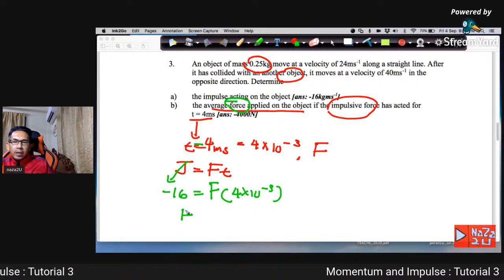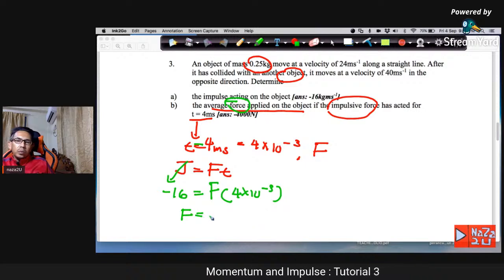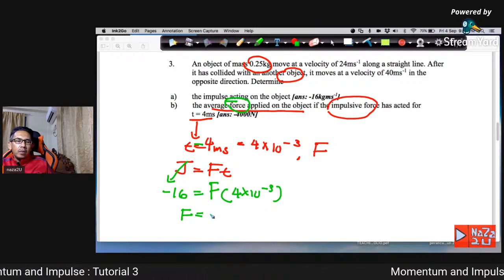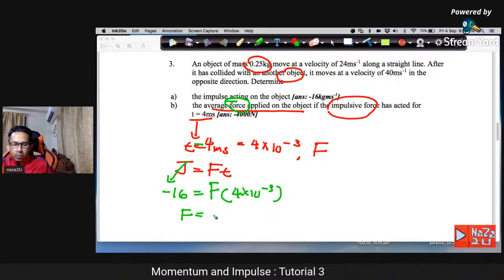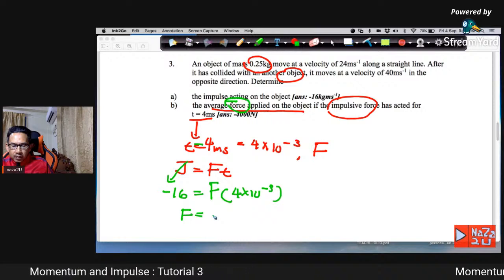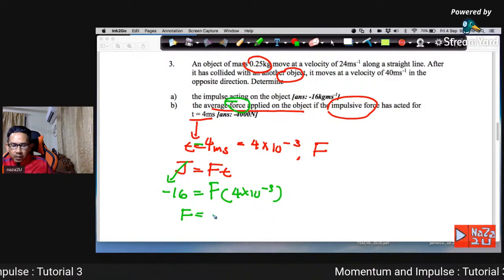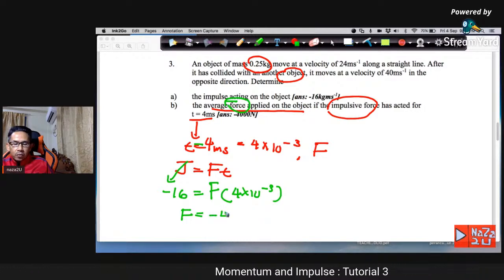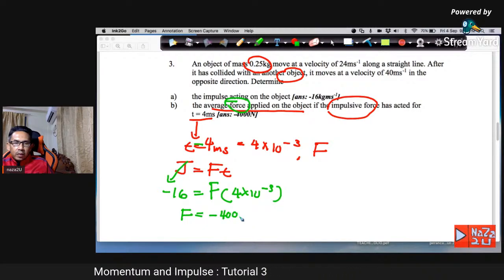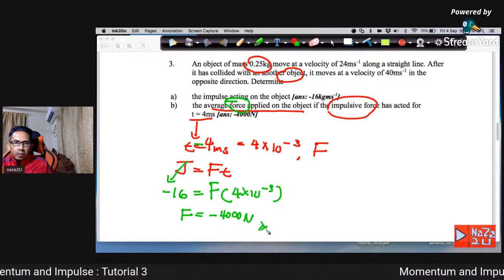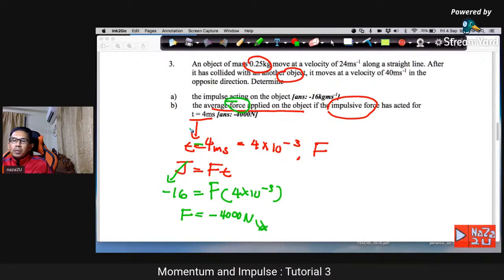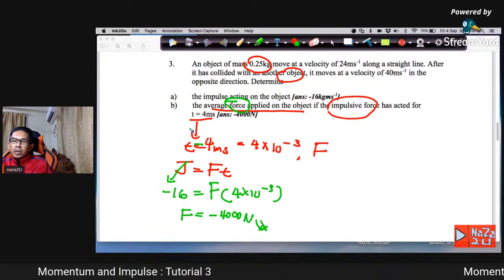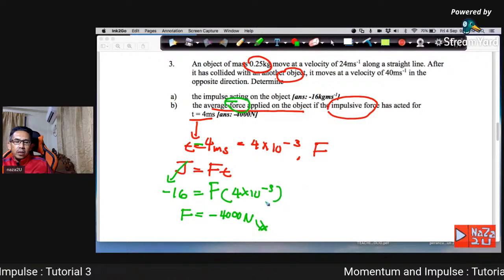So you can find the final answer F is equal to negative 16 divided by 4 times 10 to the power of minus 3. The final answer here is negative 4,000, right? 4,000 Newton. This is the answer for number 3B, right? Okay.